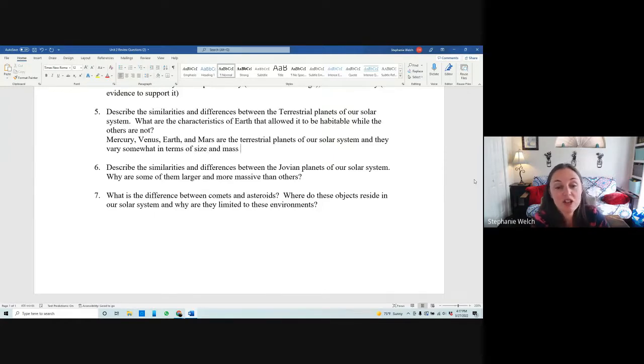And that variation in their size and mass is going to relate back to their capability of maintaining geological activity, because mass means more retention of heat. More retention of heat means more surface evidence of that heat, and that's where the geology comes into play.